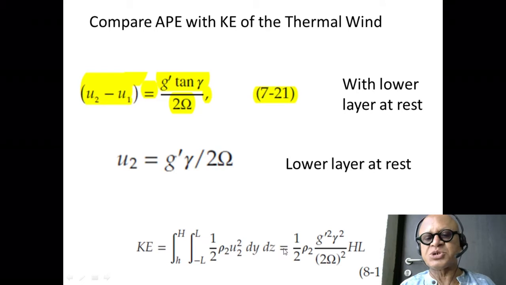Very simple expression. This turns out to be 1/2 times rho 2 times g prime gamma squared over 2 omega squared times h times L.